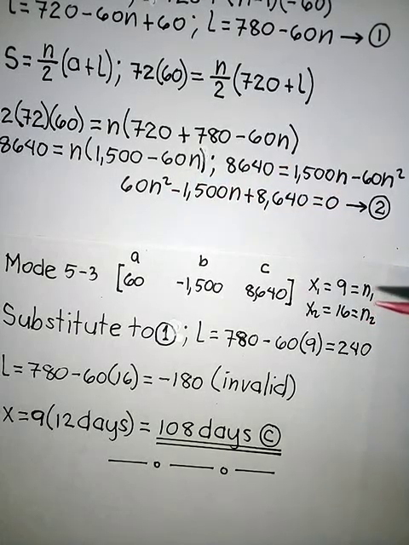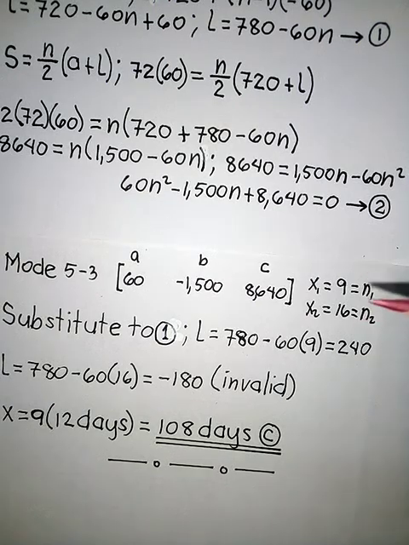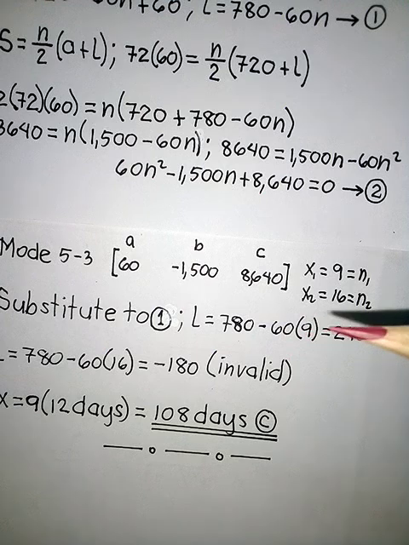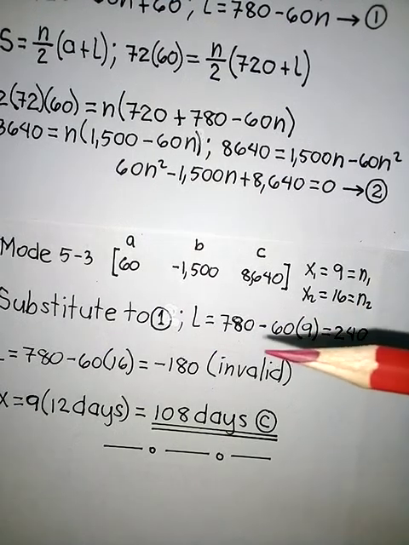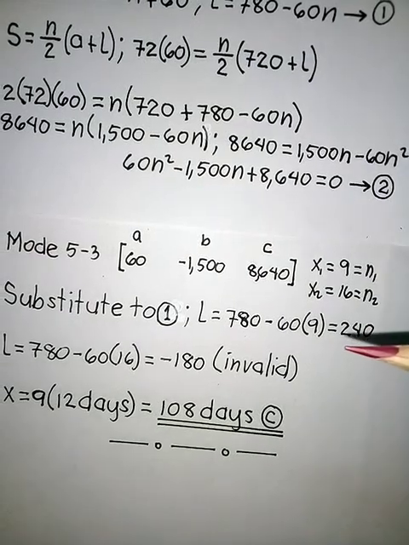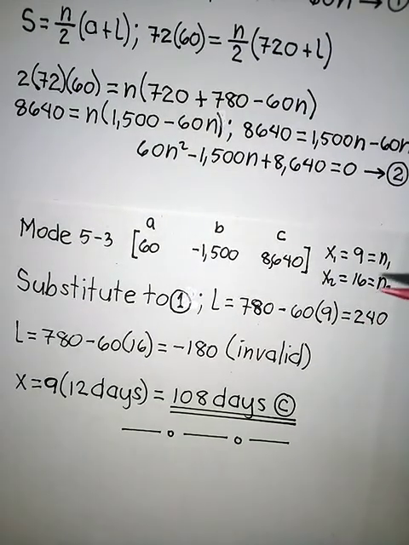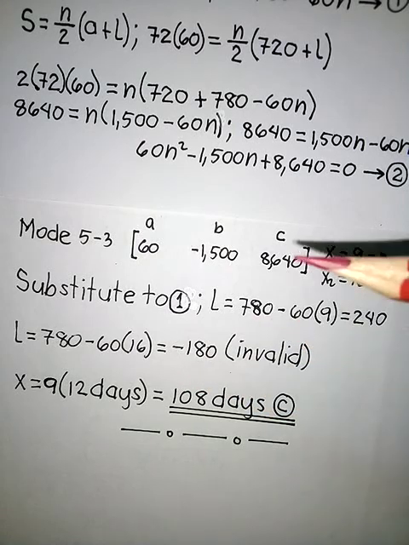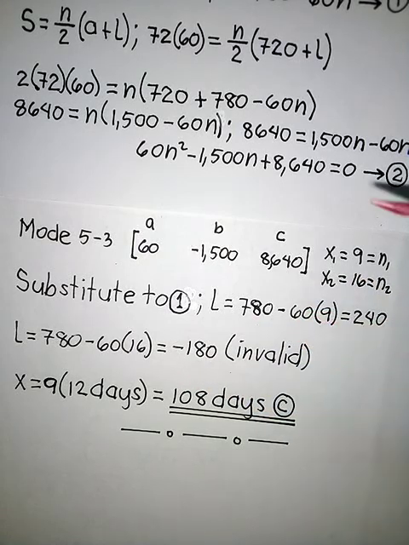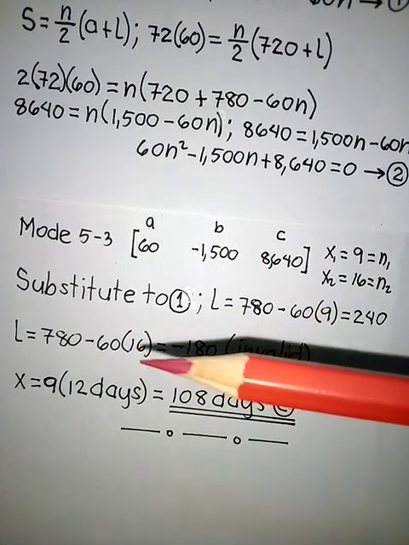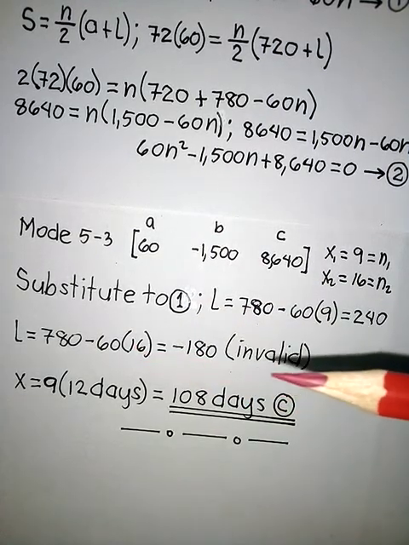We will only have one answer, either 9 or 16. If we substitute 9 in the last term, we have 780 minus 60 times 9, which is positive 240. But if we substitute 16, we get 780 minus 60 times 16, which is negative 180.